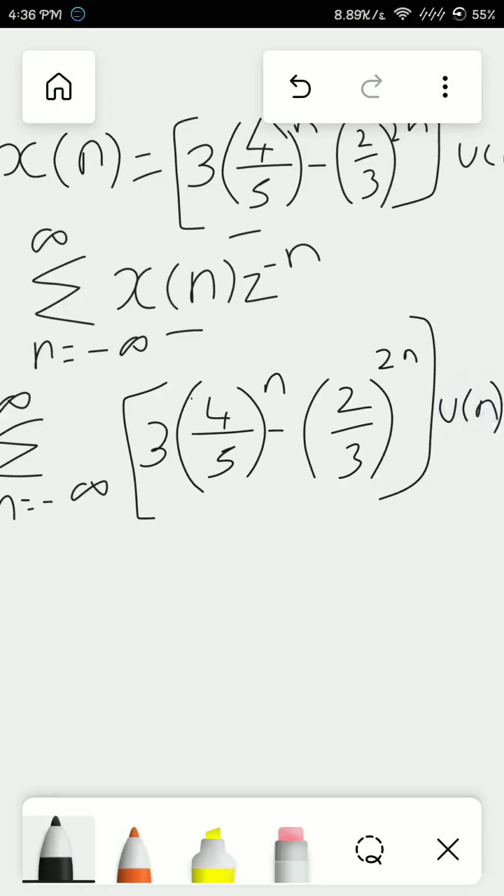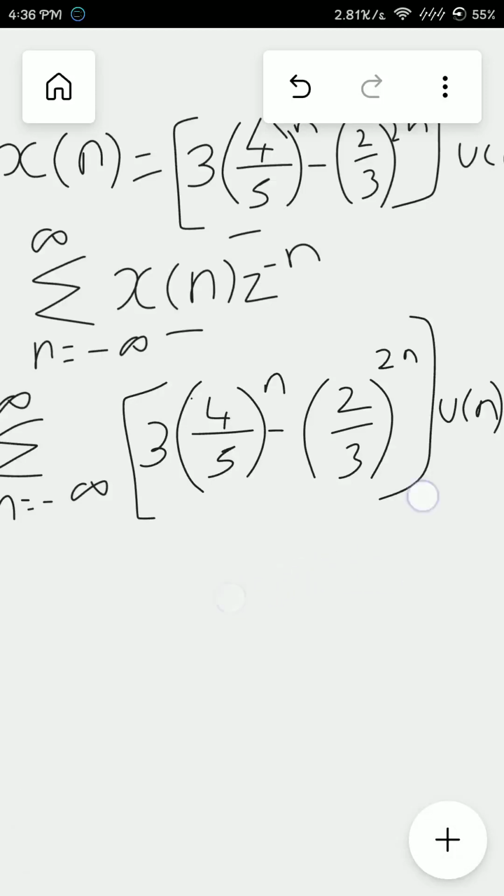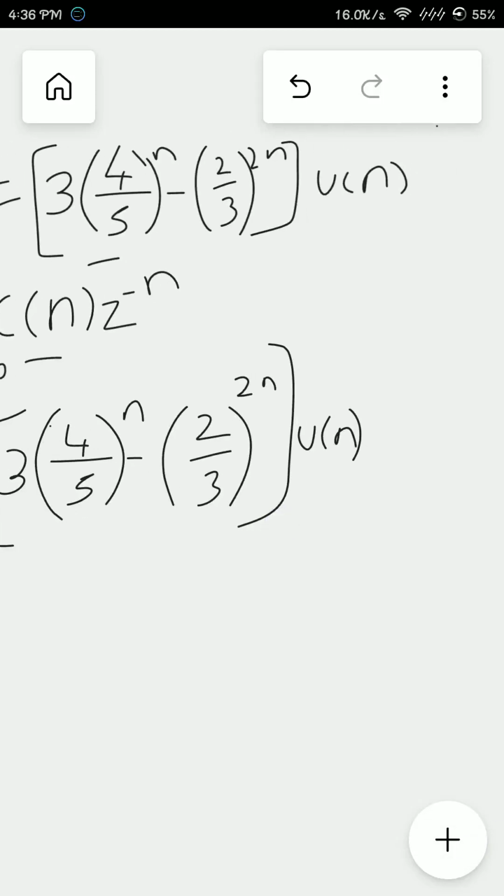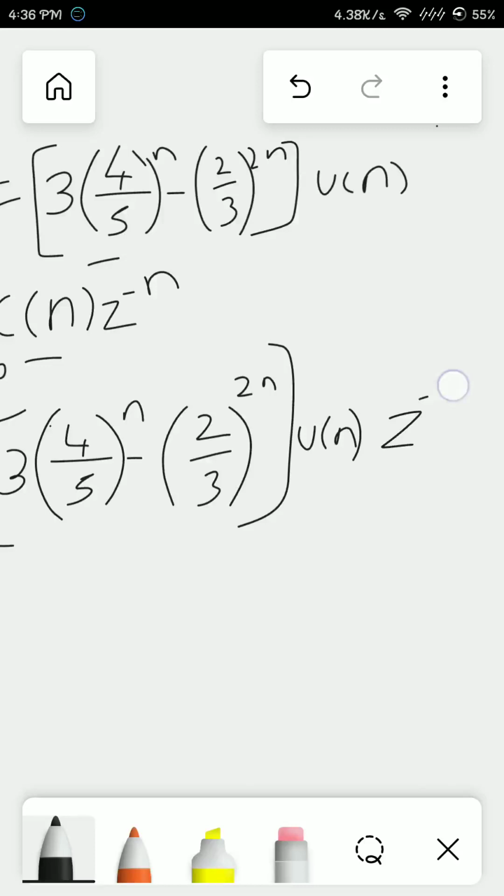Now that is my given u of n, and you multiply it by z to the power of minus n.